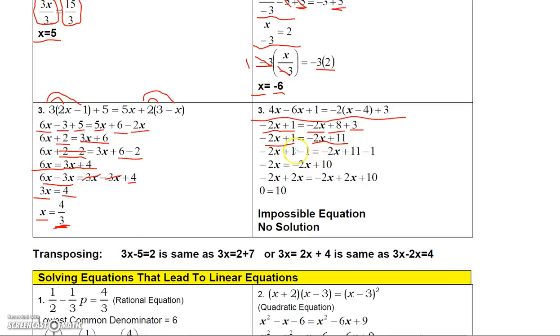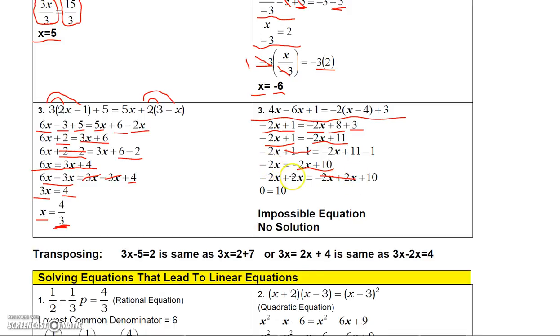So the first thing I'm going to do is get rid of the 1 by subtracting 1 from both sides. So if I subtract 1 here and subtract 1 here, on the left it cancels, and on the right I get 10. And then finally, to get my x's all to the same side, I can add 2x to both sides. If I add 2x to this side, of course it's going to cancel.